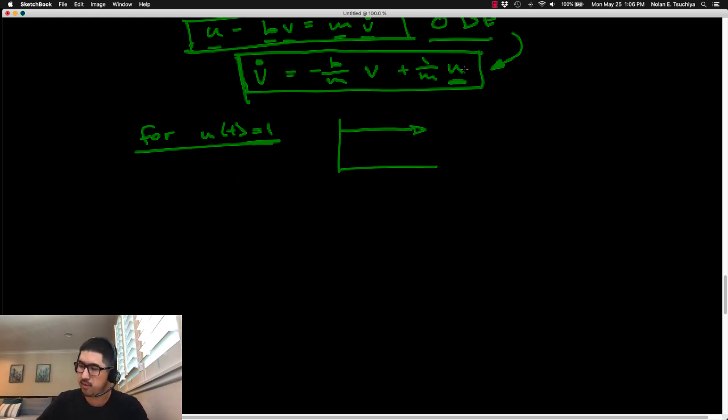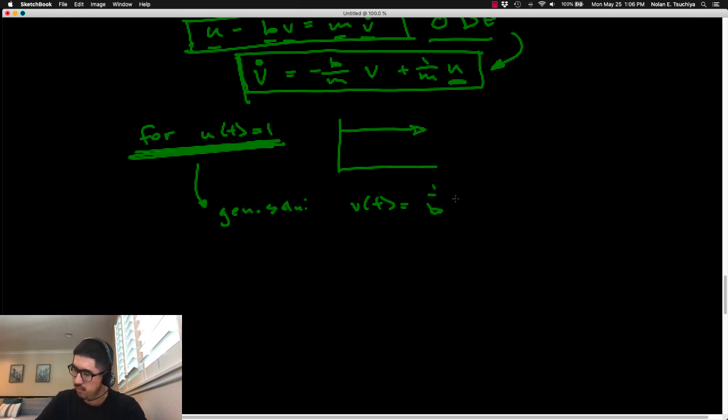Well, we happen to know that we can solve this differential equation for this nature of an input, and the general solution looks like the following. v of t is equal to 1 over b minus 1 over b e to the minus b over m t.